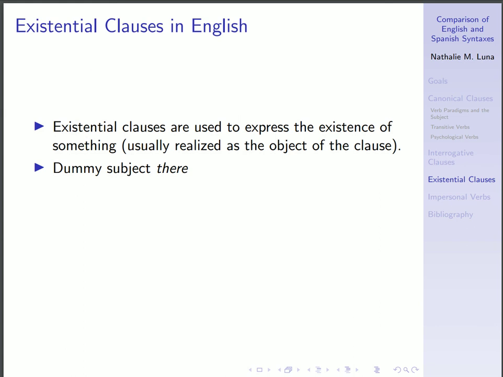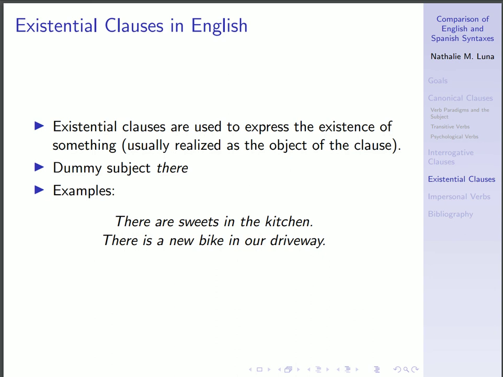So if we want to say that sweets exist in the kitchen, we would say there are sweets in the kitchen, and we have a dummy subject there, just fulfilling the grammatical function of subject, or there is a new bike in our driveway.